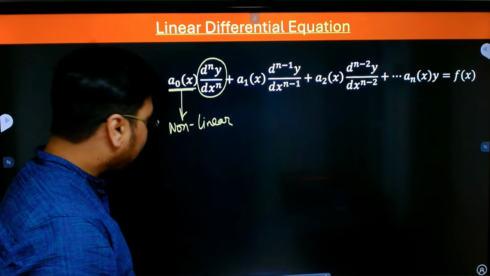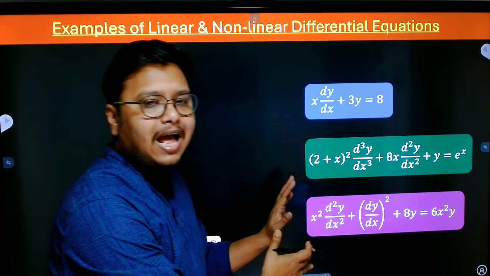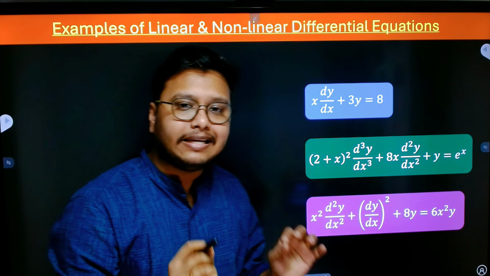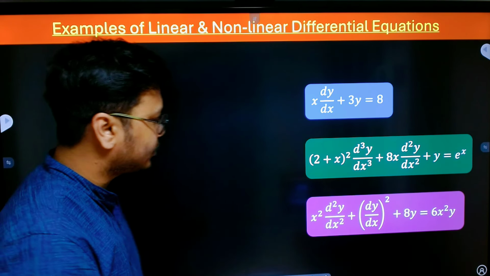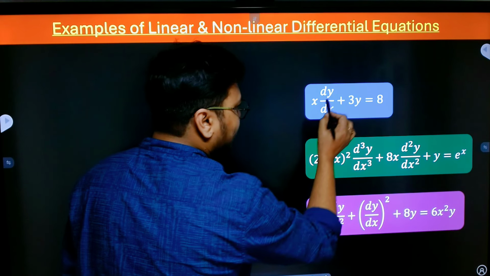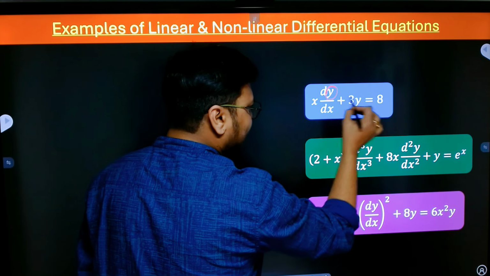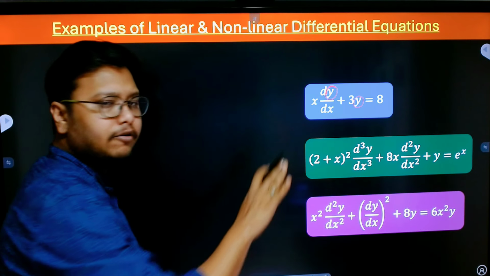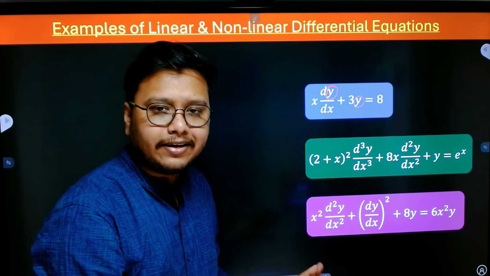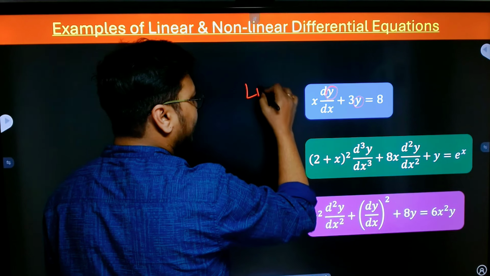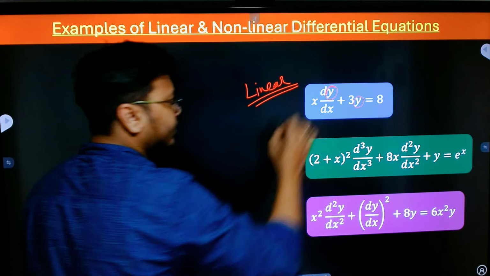Moving on from here, now I have a set of equations and I need to comment on whether these are linear or non-linear differential equations. Here I can see the dependent variable is y and it is present in a linear format. There is no non-linearity involving the dependent variable, so this is definitely a linear differential equation.